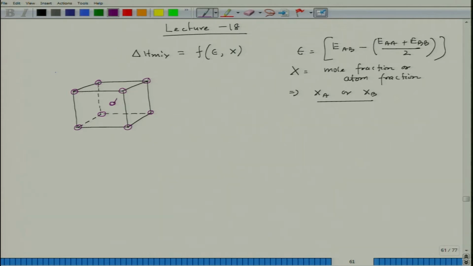So, I will have a bond with this. This is 4 bonds, and now another set of 4 bonds. So, on top of this particular atom we have 4 bonds, and below we have another 4 bonds. So, actually we have 8 bonds.